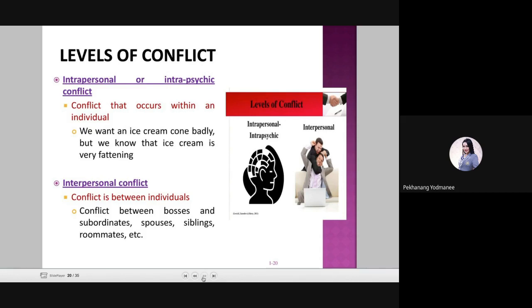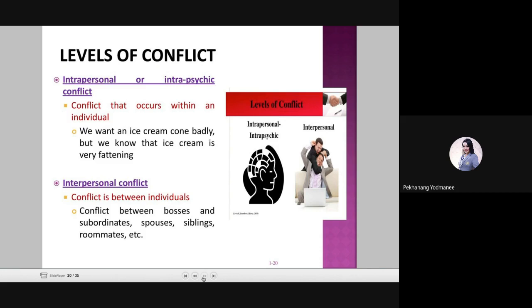We can be angry at our boss, but we are afraid to express that anger because the boss might fire us for being insubordinate. The dynamics of intrapersonal conflict are traditionally studied by various fields of psychology, cognitive psychologists, personality theory, clinical.